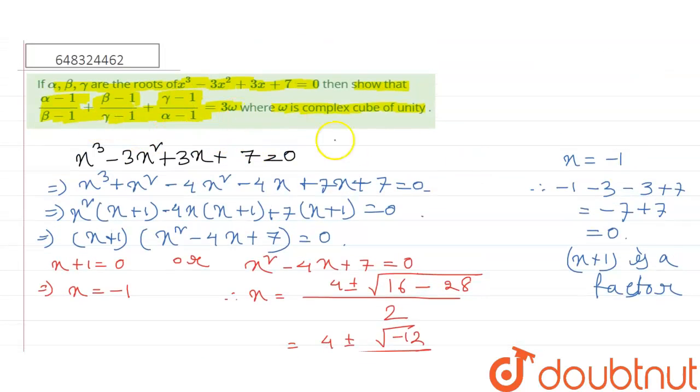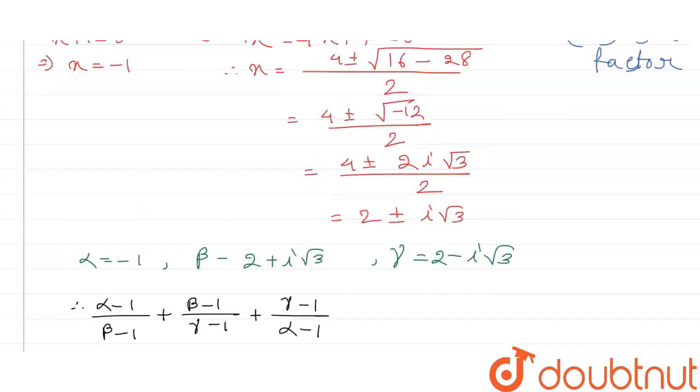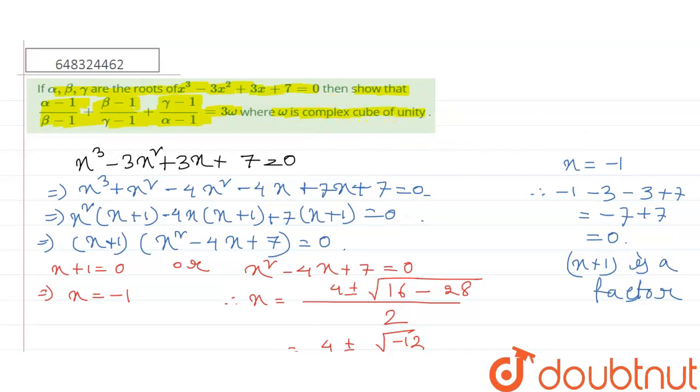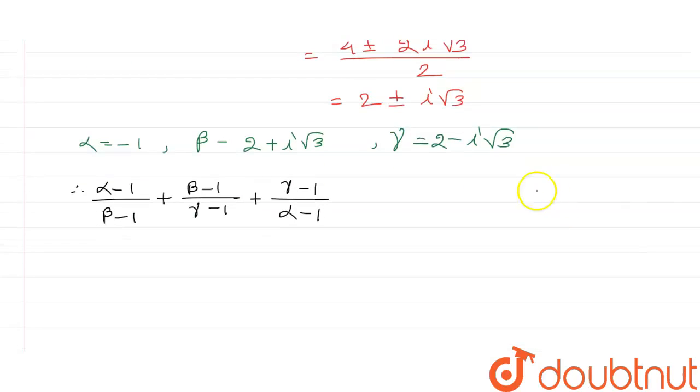Now we have to prove this equal to 3 omega. Here omega is the complex cube root of unity. We know the value of omega is minus 1 plus i root 3 by 2. This is a complex number.